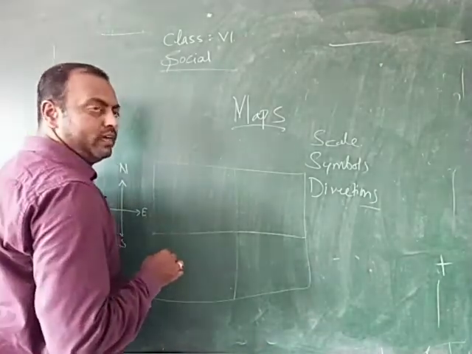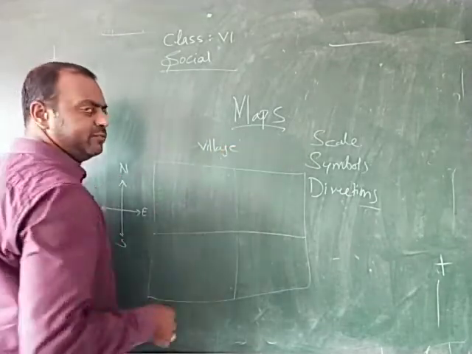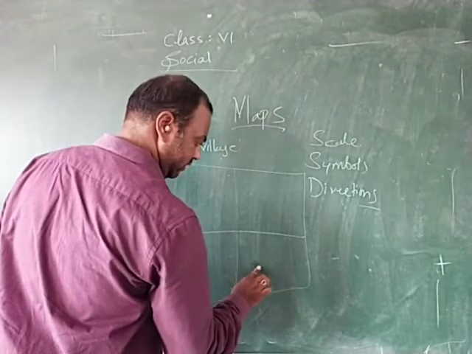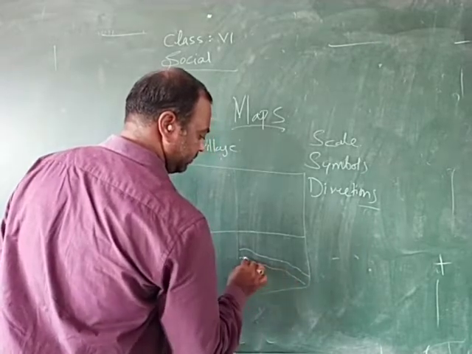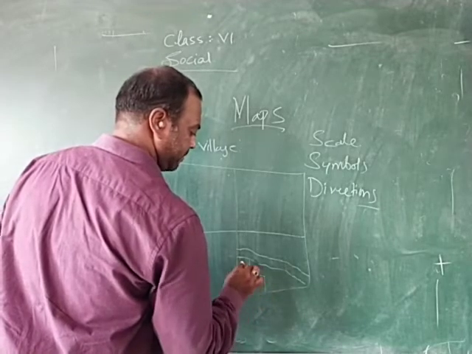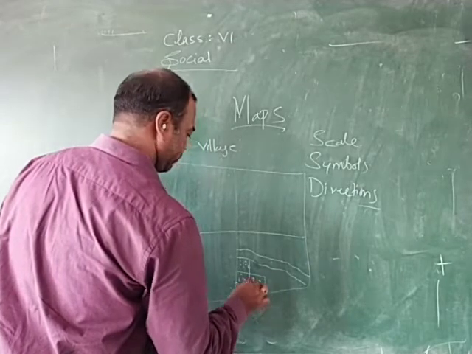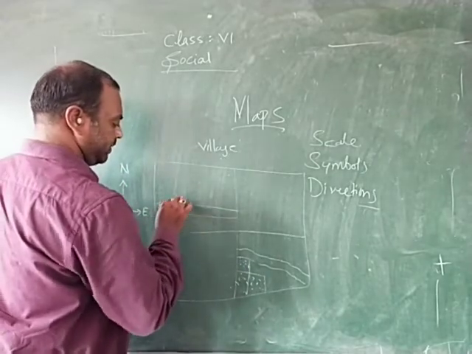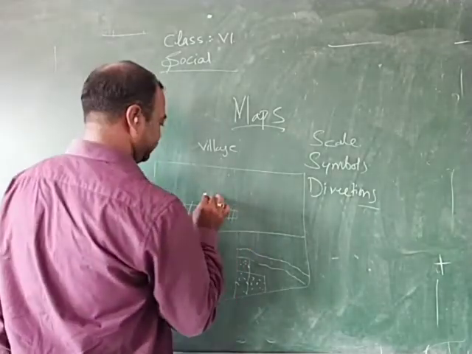So in this map I am going to show, this is a village map. Let us imagine a Rampur village map, okay. Here all agricultural fields are there. Let me show you. This is a river, the symbol of a river, and these are agricultural fields, and there is a railway track.